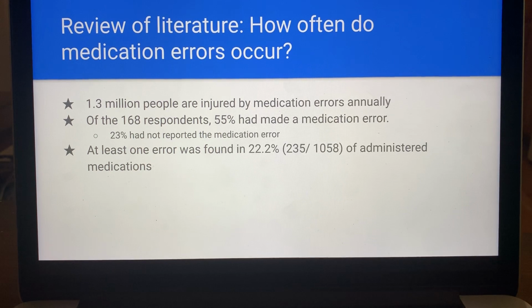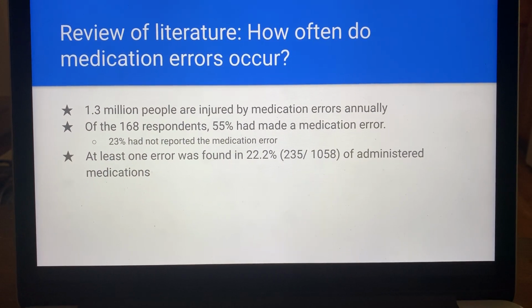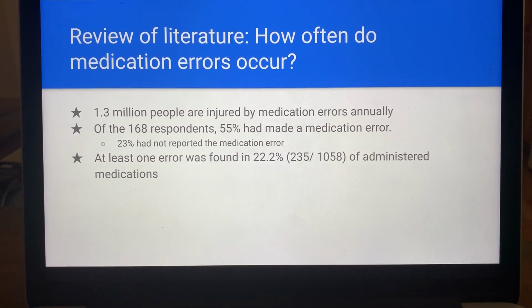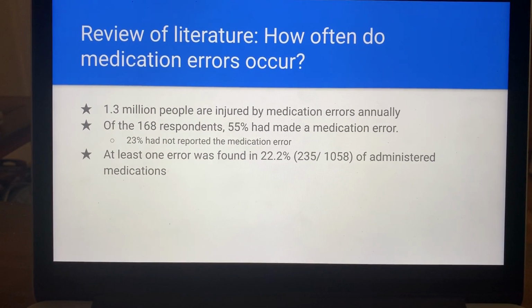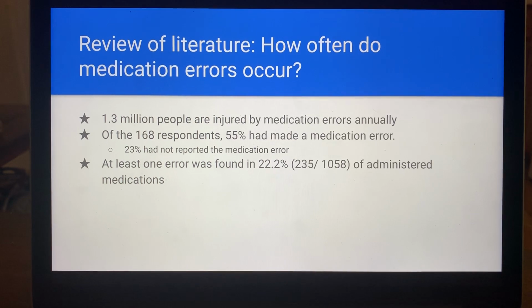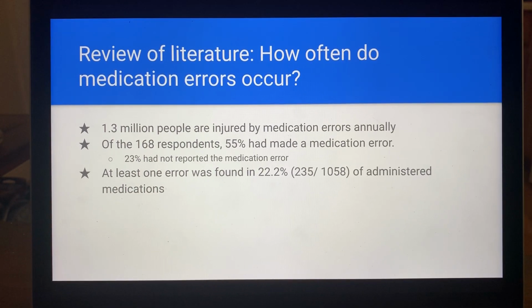And that's a problem because that can take away from them learning from that experience and getting the help that they need to understand why it happened, and for the patient.